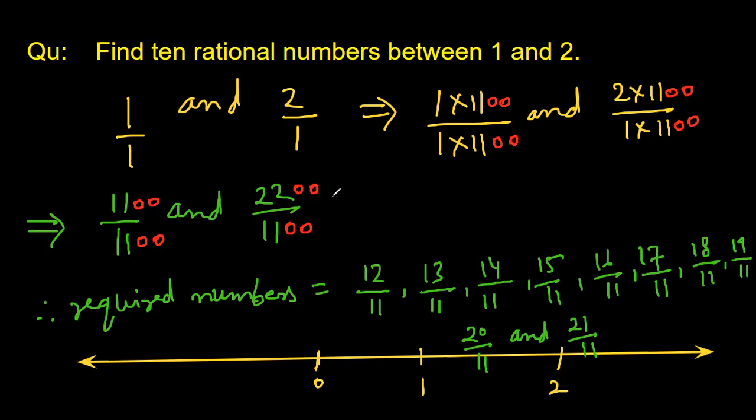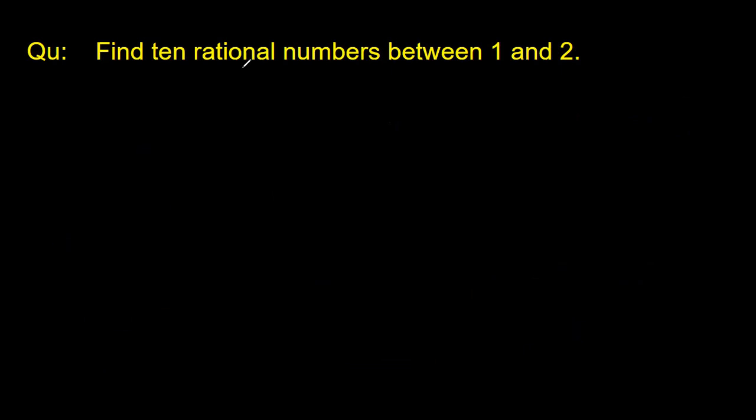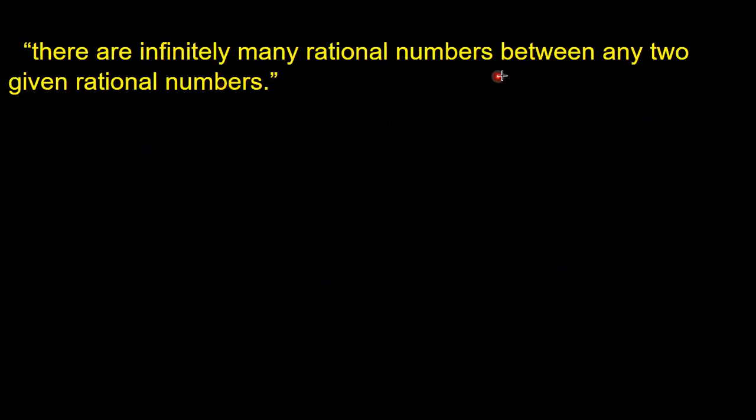So likewise, you can find as many numbers as you want. That means between any two given numbers, there are infinitely many rational numbers. Okay, so we will sum up with this. There are infinitely many rational numbers between any two given rational numbers.